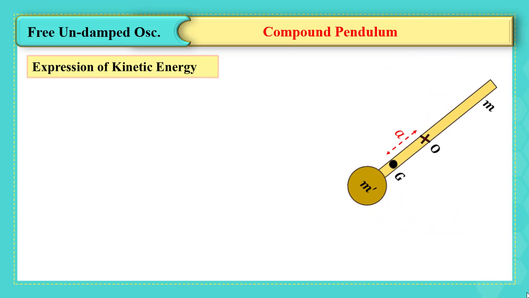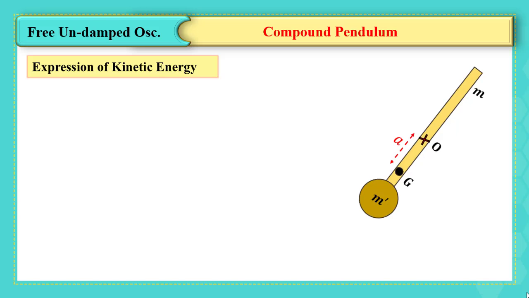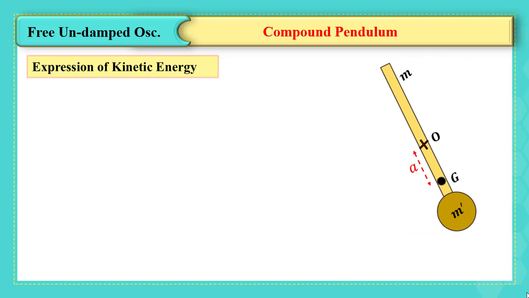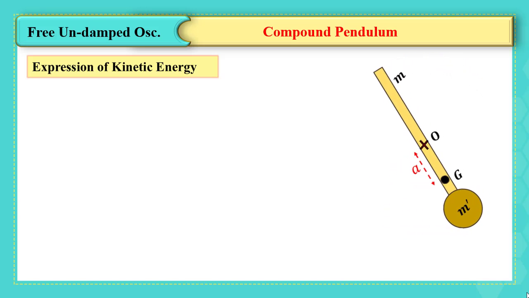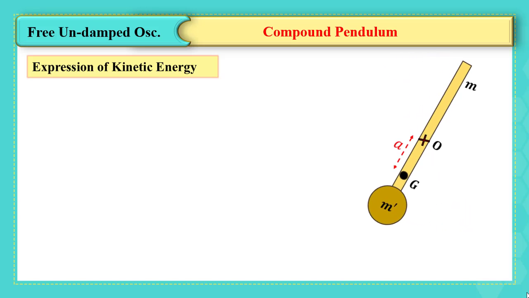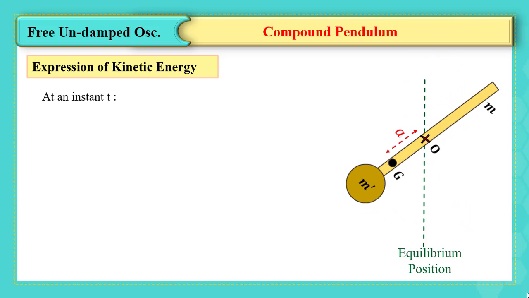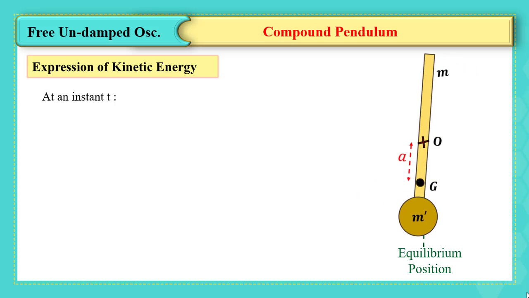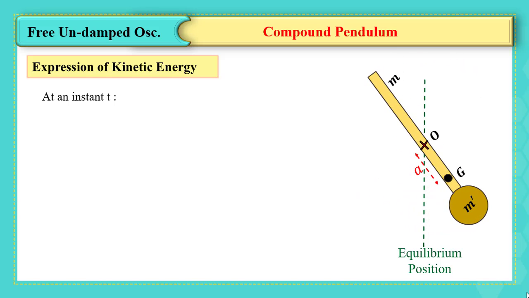It oscillates then around its equilibrium position. At time t, the angular abscissa of the pendulum is theta, and its angular velocity is theta prime, which is d theta by dt. We neglect friction.